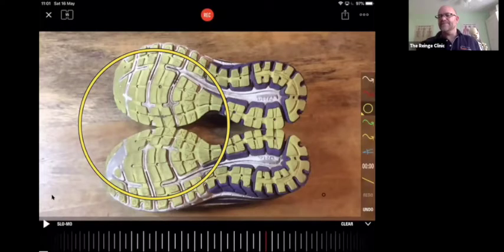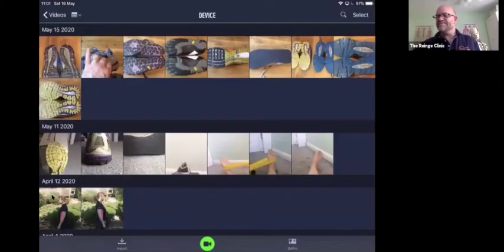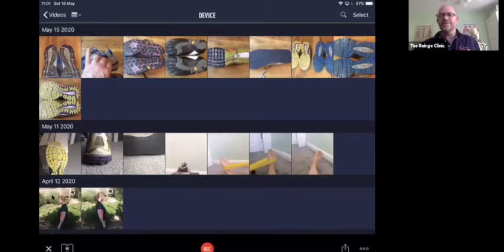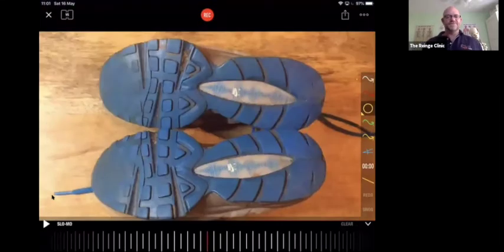Let me find another picture of, there you are, this pair of shoes. Now, if we go back to what I asked you to look at, these aren't too bad.